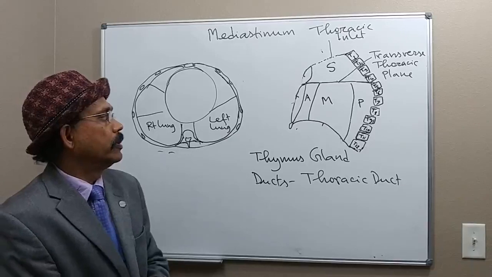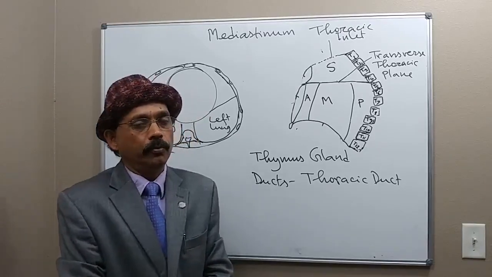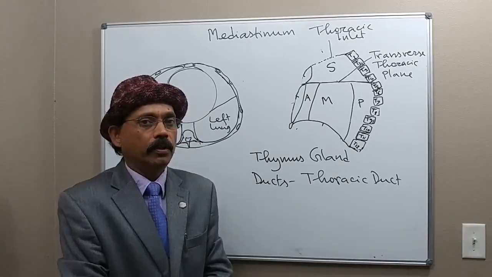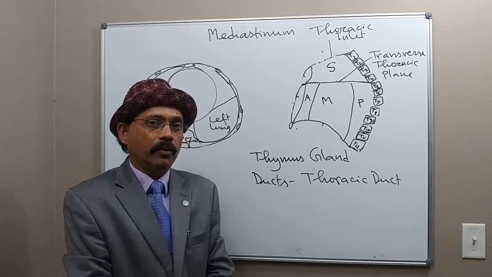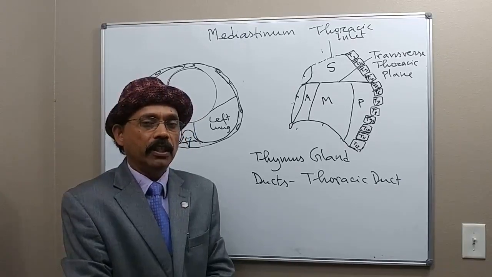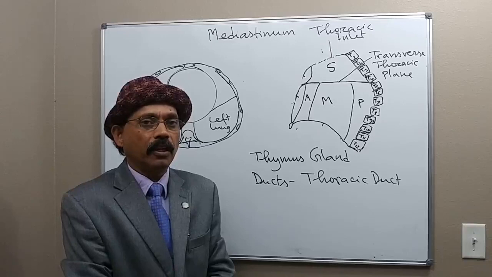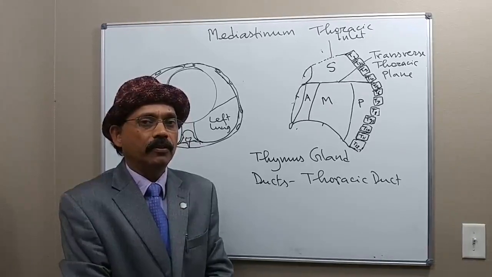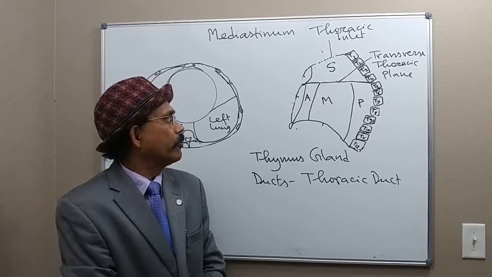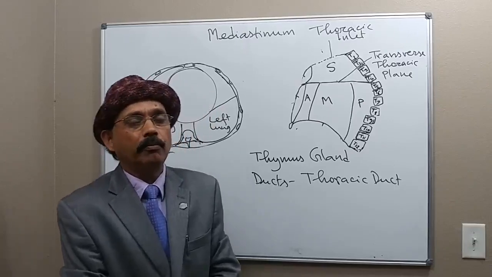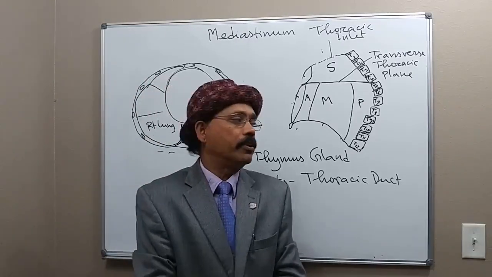So we have the contents of the superior mediastinum. We have the muscles, artery, vein, nerve, and tubular structures like the trachea and esophagus. We also have some lymph nodes, like the pretracheal and paratracheal lymph nodes.